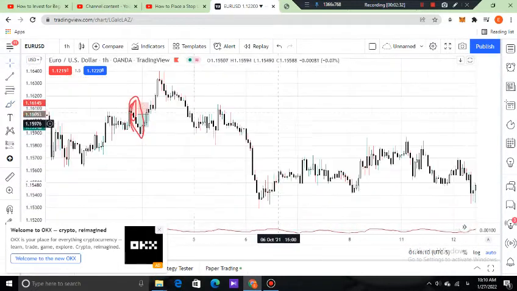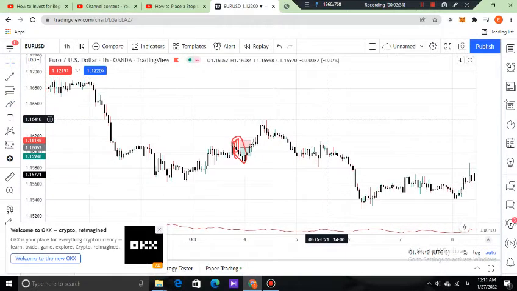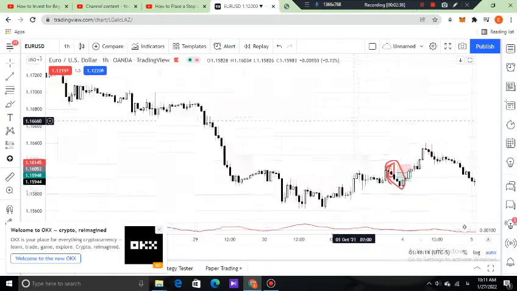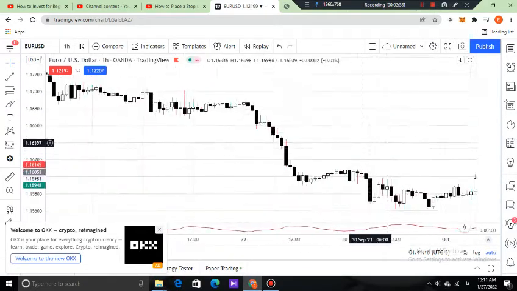Above the leg is the same as above the signal bar, there's no difference.